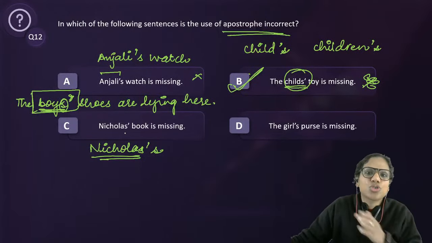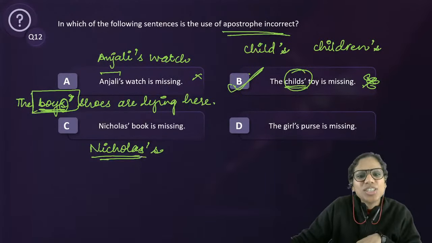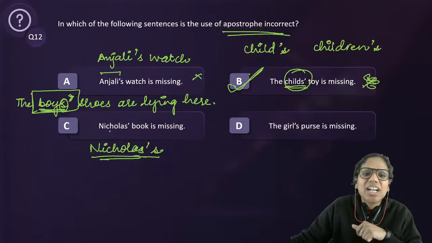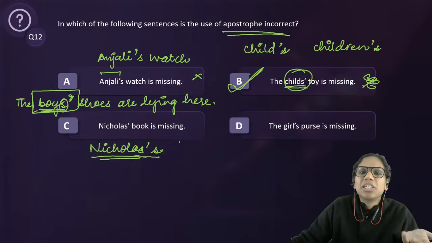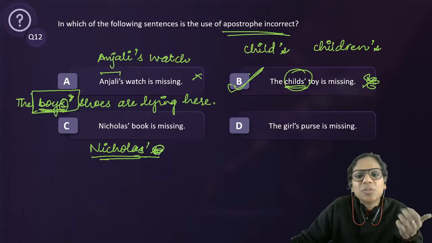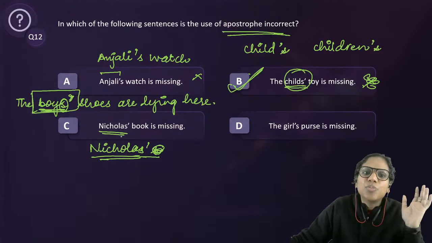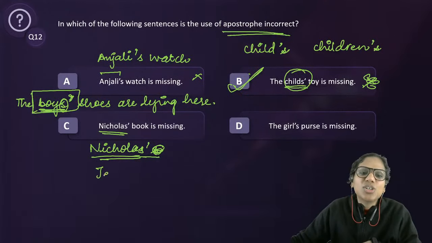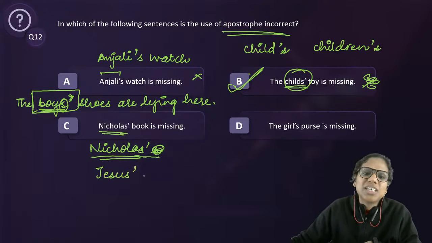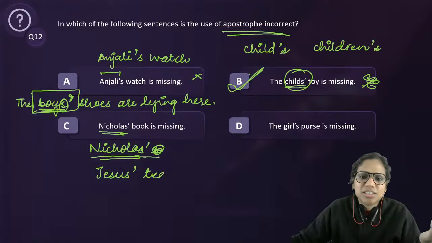Actually, here it's your choice. You can use Nicholas's also, that's also fine, and you can use Nicholas apostrophe also. The idea that we are not writing an extra S is it's difficult to speak. Nicholas's. थोड़ा सा difficult है बोलने में. That's why people skip this S with singular proper nouns also. So instead of saying Jesus's, you can simply say Jesus' teachings.